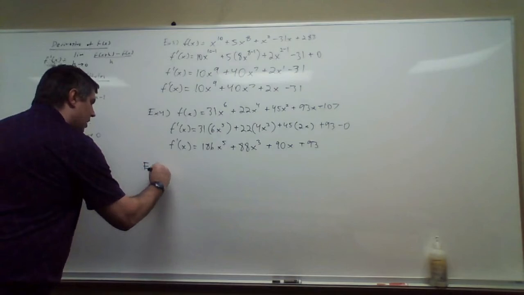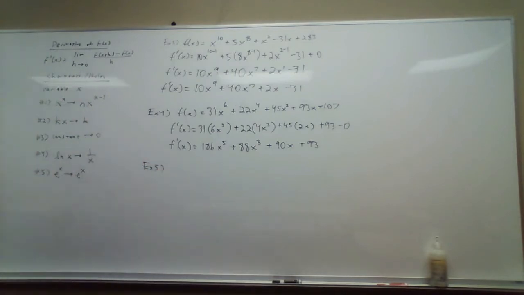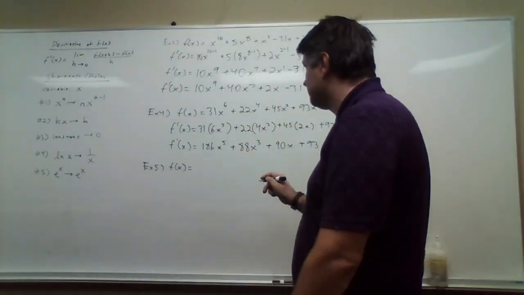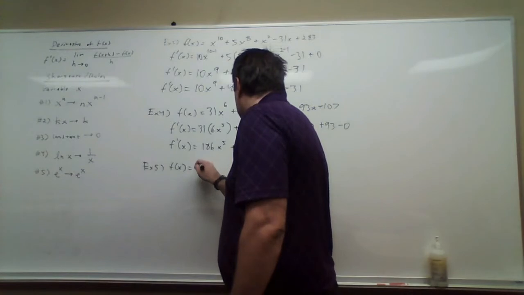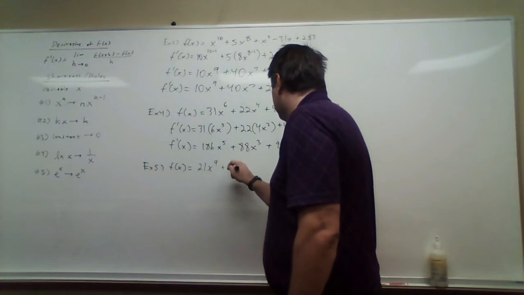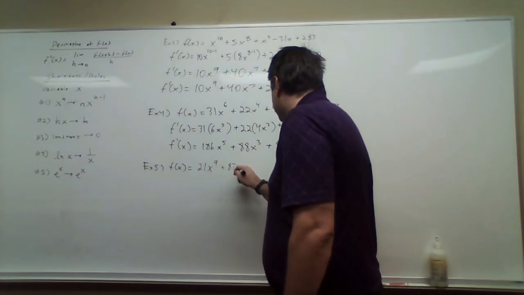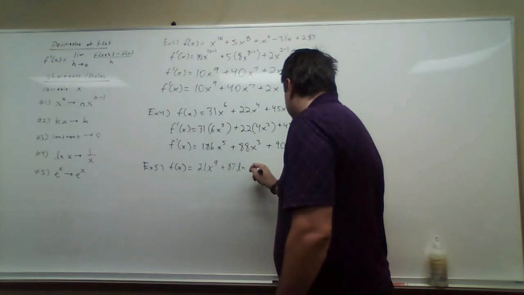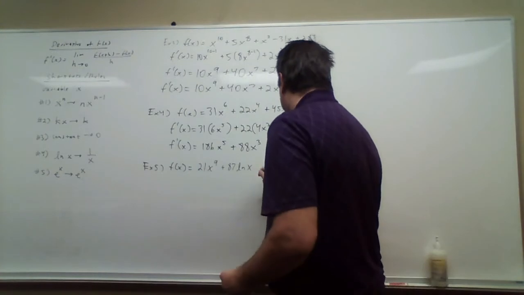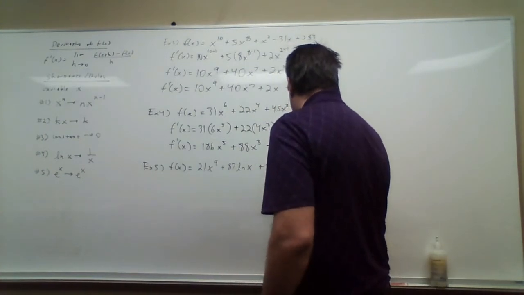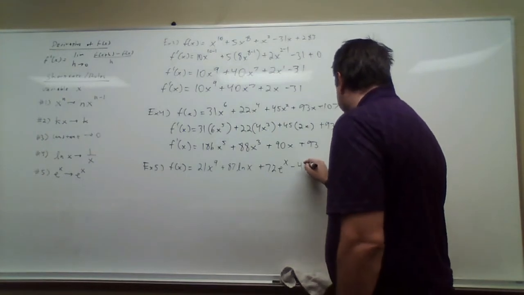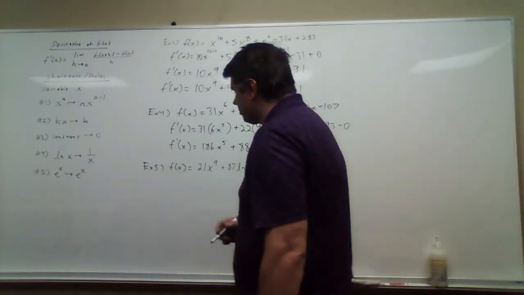Example 5, I want to start bringing in these rules. Okay? So let's say f of x is x to the 9th plus 87 natural log of x plus 72 e to the x minus 48x, and we'll differentiate that.